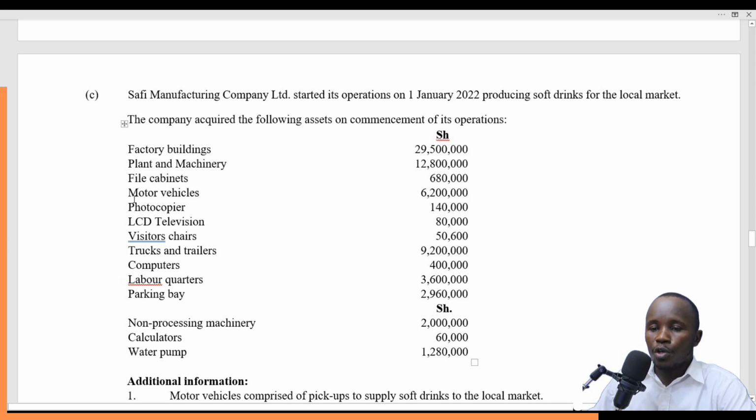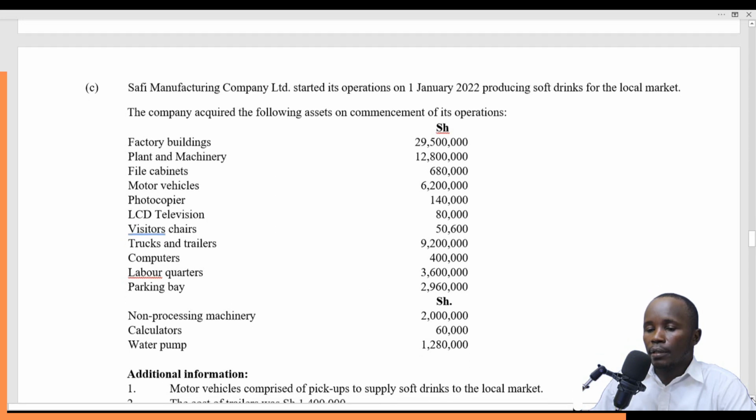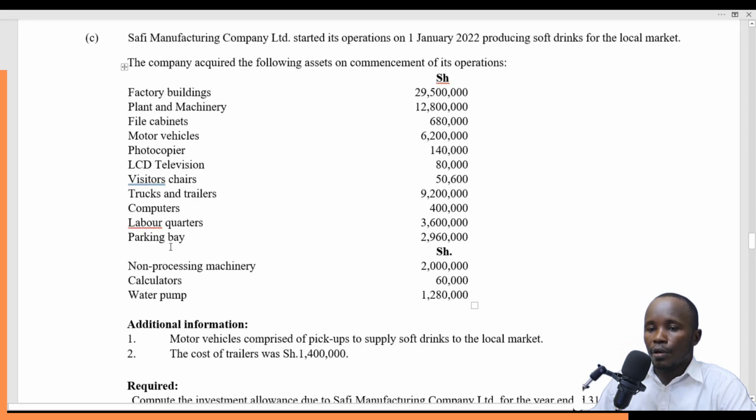Motor vehicles, photocopier, LCD television and visitors' chairs will go to wear and tear. Trucks and trailers will go to wear and tear, unless they are used for the purpose of manufacturing. Computers, wear and tear. Labor quarters, this is industrial building deduction.